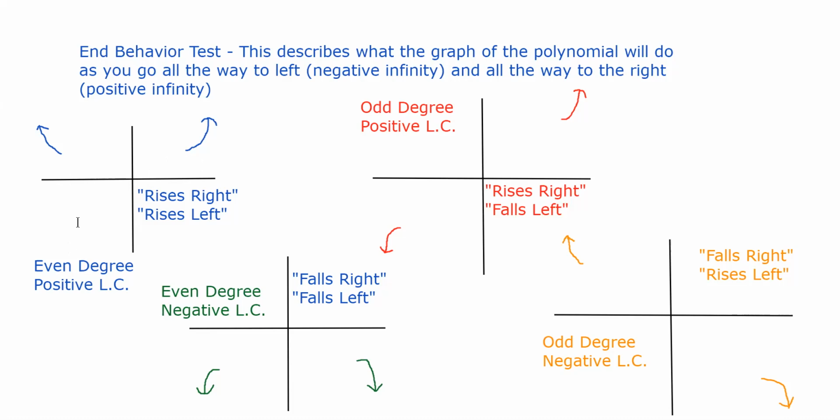If you plug a negative number into it, the second power makes it positive. Because the degree is even, it's always going to make negative numbers positive. So as I put in smaller and more negative x values, they're becoming positive because of the even degree, and the lead coefficient is positive, so it's only reinforcing that. As I go to the left, it's getting larger and larger and more positive.